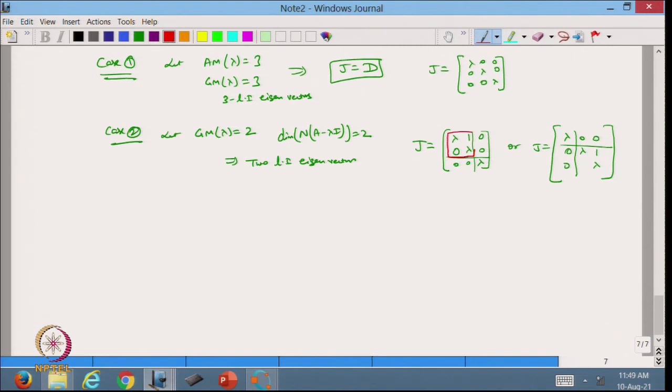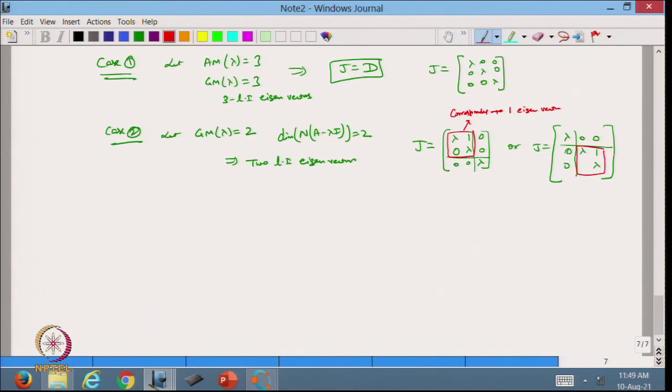This one corresponds to one eigenvector, and this one corresponds to another eigenvector. It is just the diagonal element, no problem. Here also there is one Jordan block.